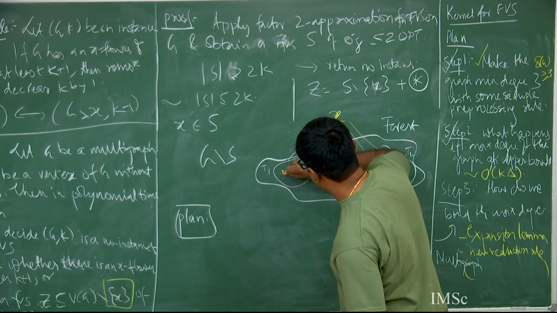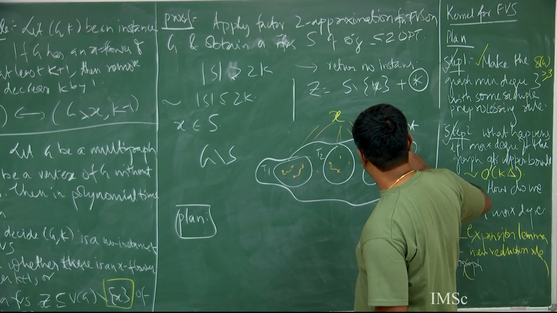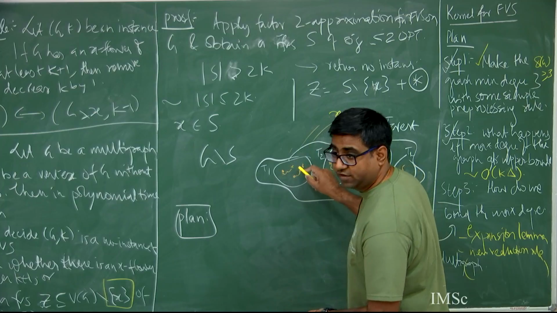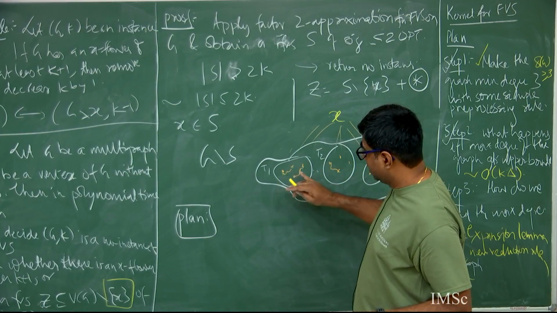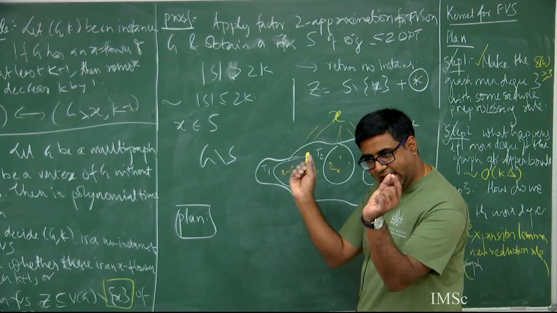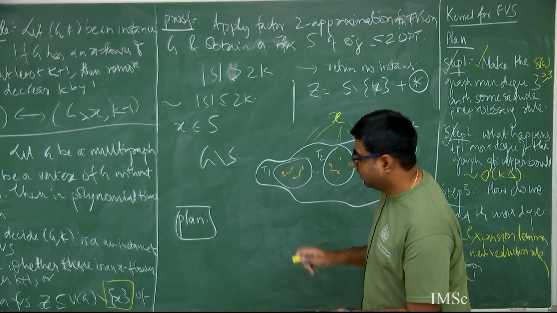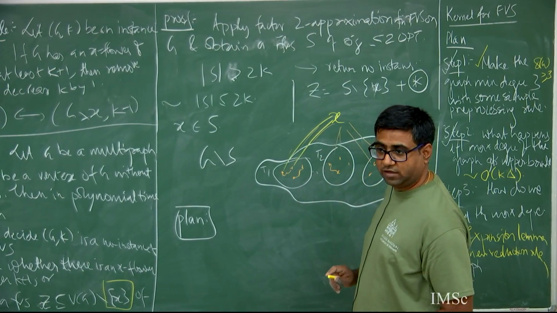Suppose for example this is one vertex disjoint path, this is another, and this is another. If you notice, this guy is adjacent to this, and none of the other vertices on the path will be neighbors of x, only the endpoints will be. Then what is it giving us? Actually, it is giving us a cycle passing through x.